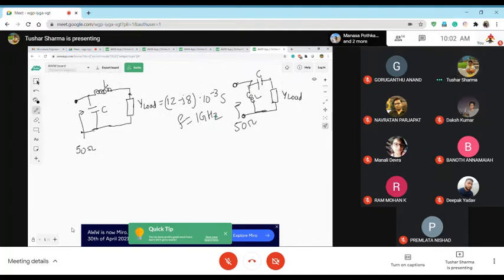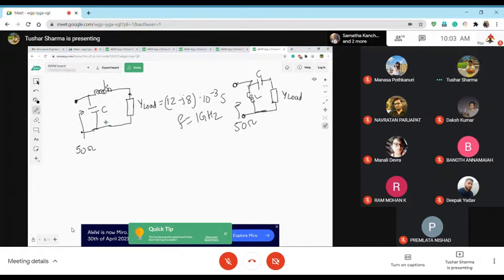Nobody knows? Okay, hint. When we had a Z, we used to divide the impedance by 50 ohms. So what will happen if I am given Y? Maybe we'll multiply. Very good.